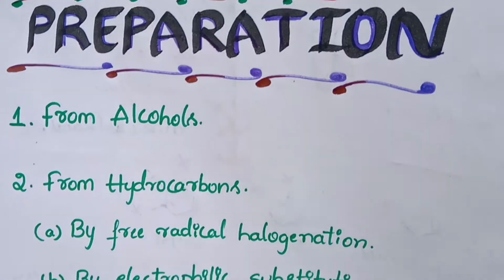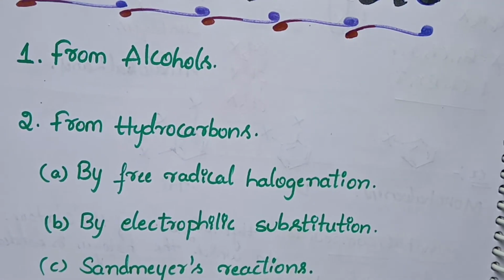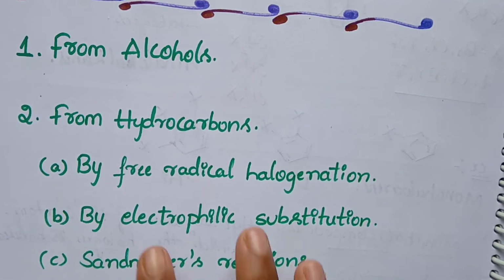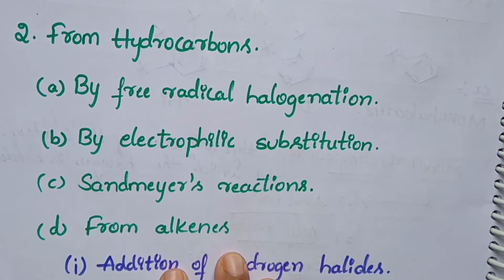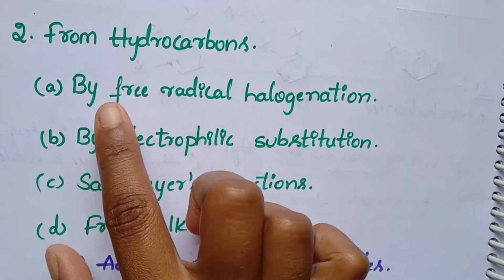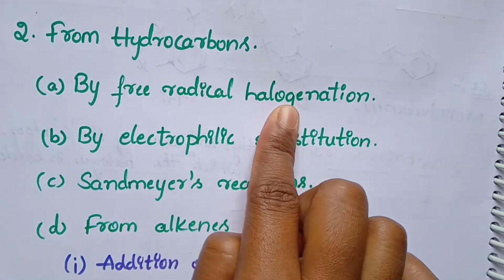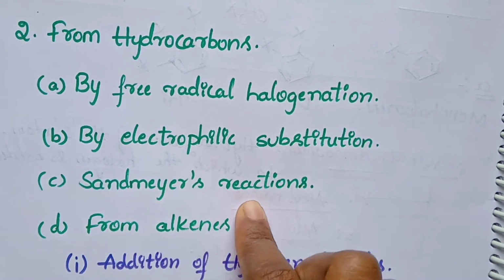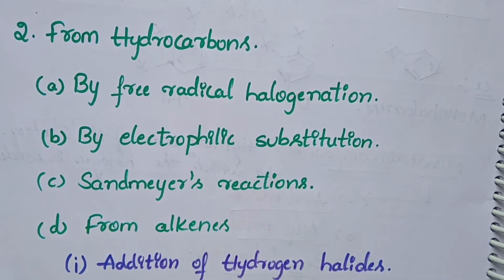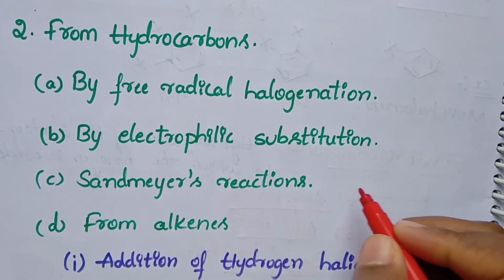The methods are: first, from alcohols; second, from hydrocarbons. In hydrocarbons, there are different methods: by free radical halogenation, by electrophilic substitution, and Sandmeyer's reaction. This Sandmeyer reaction is very important for class 12 students.